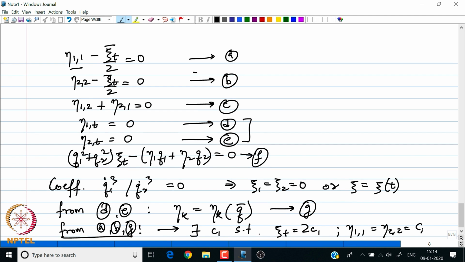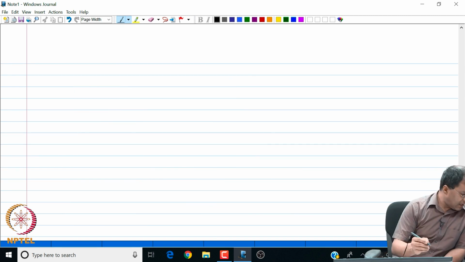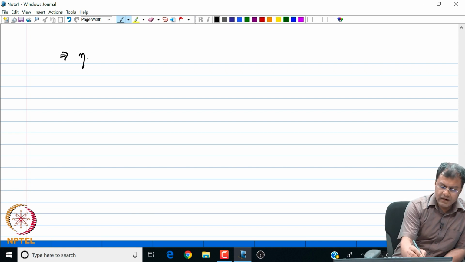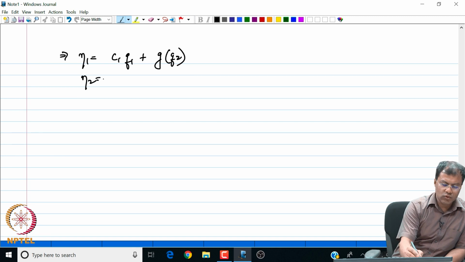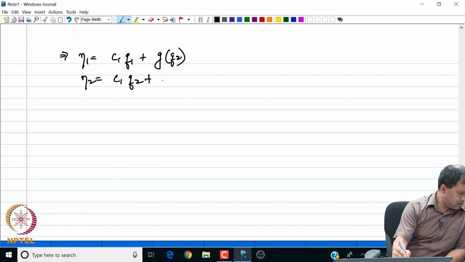Okay. So, from here we can conclude several things. Well, first of all, psi must be a straight line, right, and we can continue, but most important, notice this relation. From that relation I can immediately get that eta 1 is C1 q1 plus g of q2. If you differentiate with respect to q1, I get C1, and eta 2 is C1 q2 plus, let us say, h of q1, right.